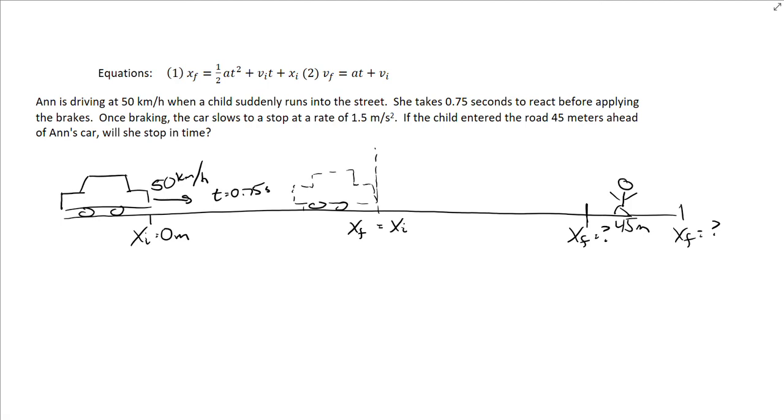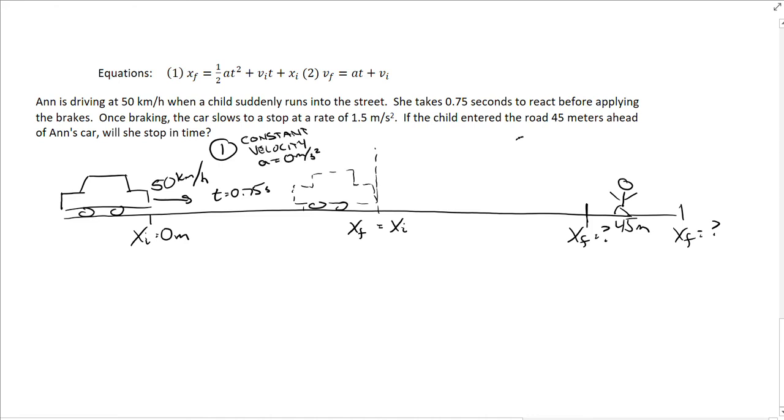But I hope you understand we have an issue here. We have a bunch of these different positions, some different time frames, and the car's moving differently. In the first part, let's label this part 1, this car is moving at constant velocity, which means it has no acceleration.